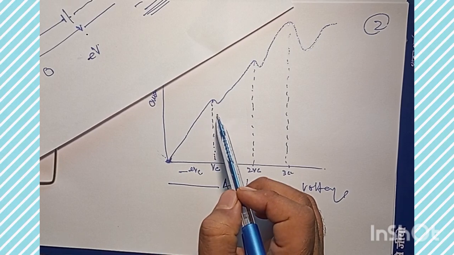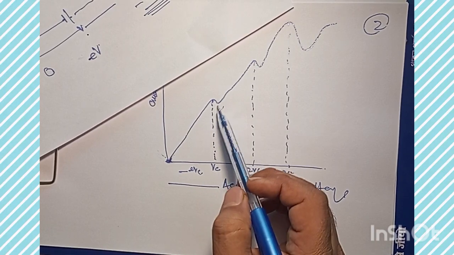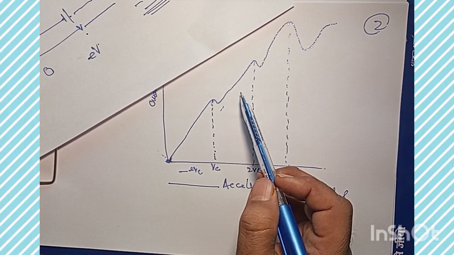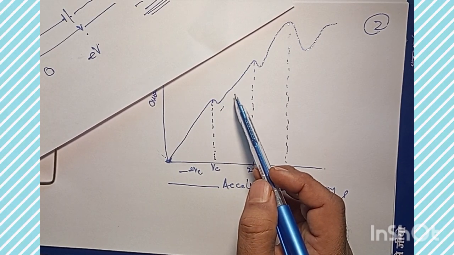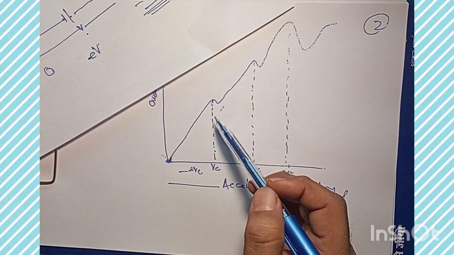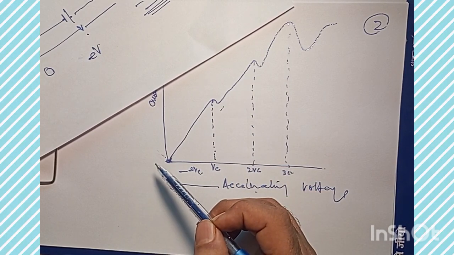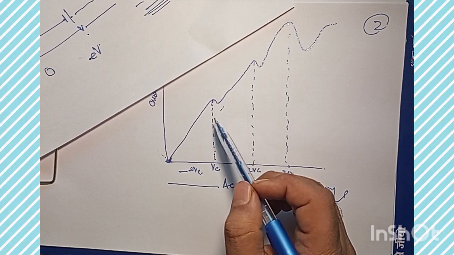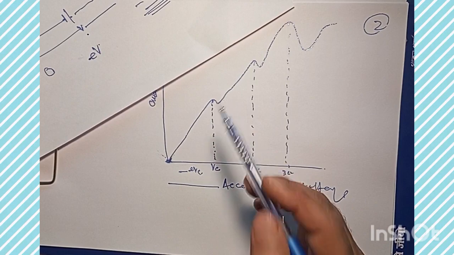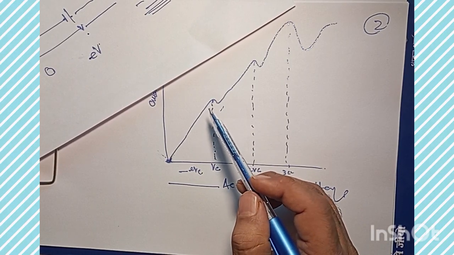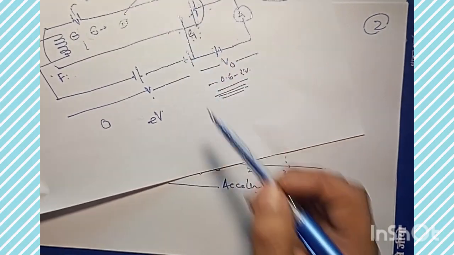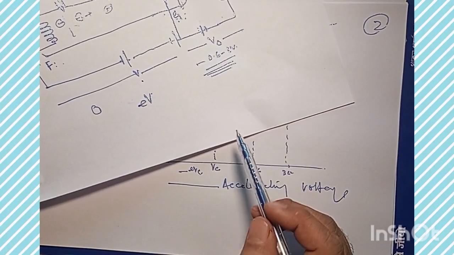Now, as this accelerating voltage or potential is increased further, the electrons suffer inelastic collisions nearer and nearer to the filament F, so that when they reach the grid, once again they acquire enough energy to reach the plate P. The current thus begins to rise again.